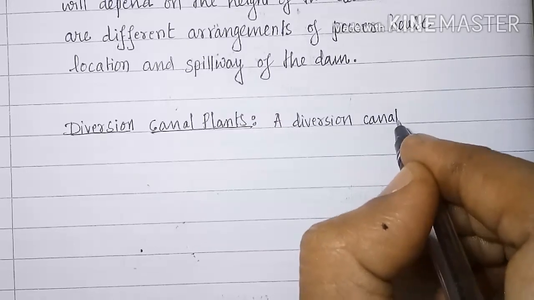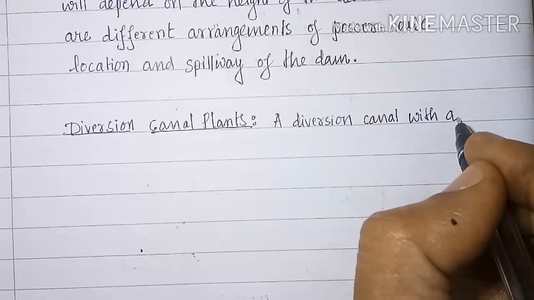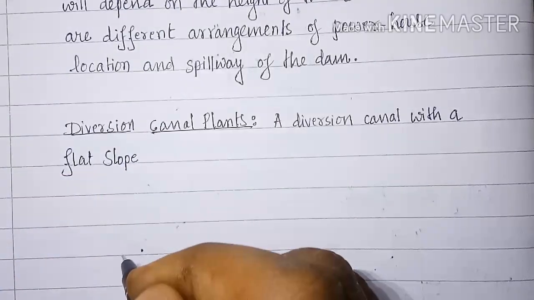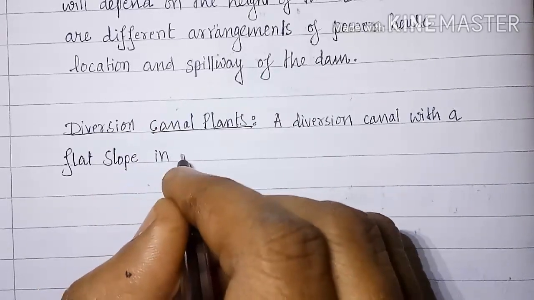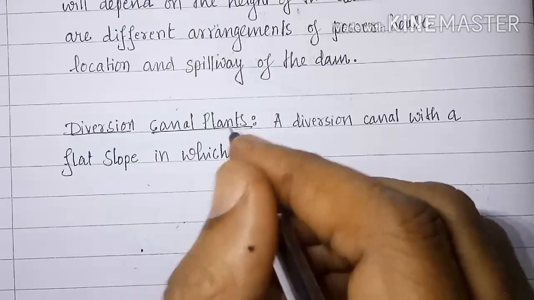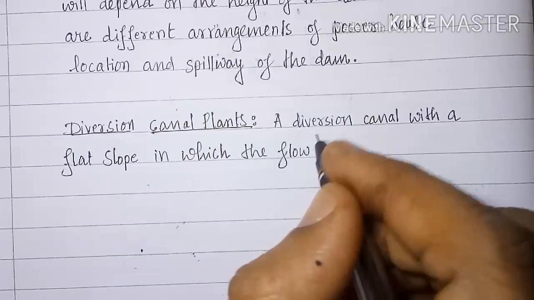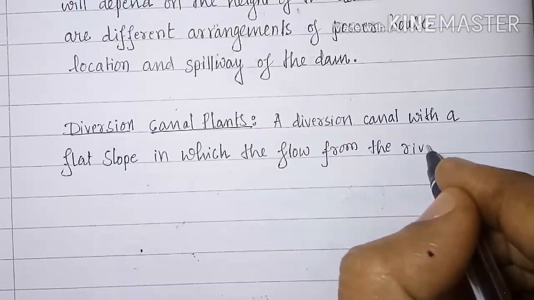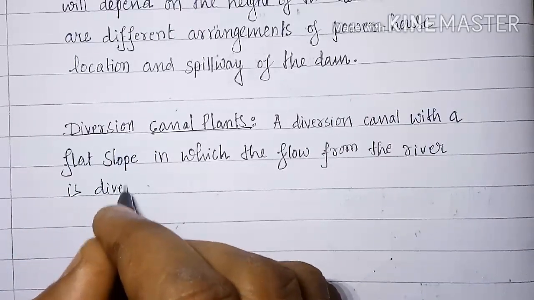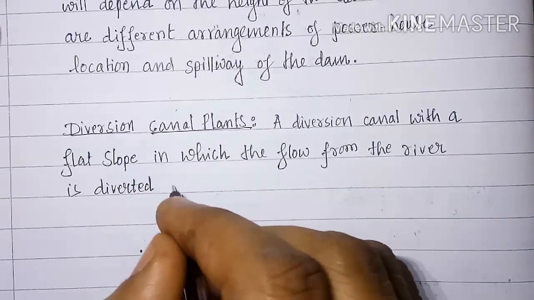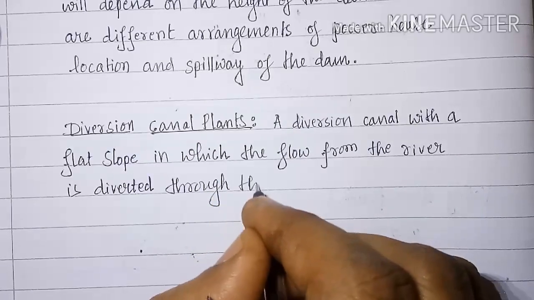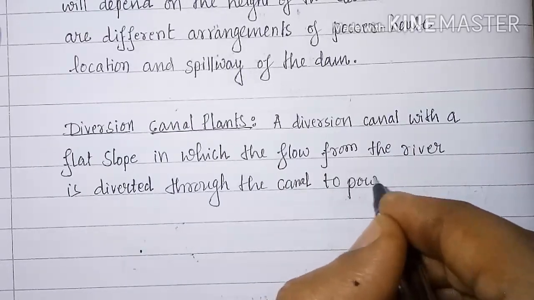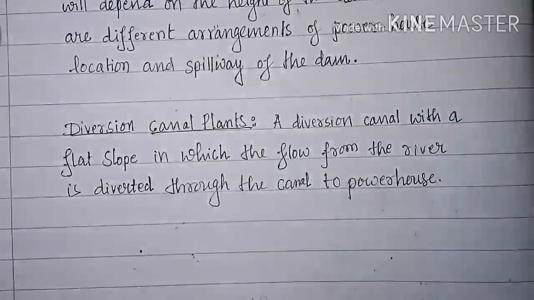A diversion canal with a flat slope in which the flow from the river is diverted through the canal to the powerhouse.